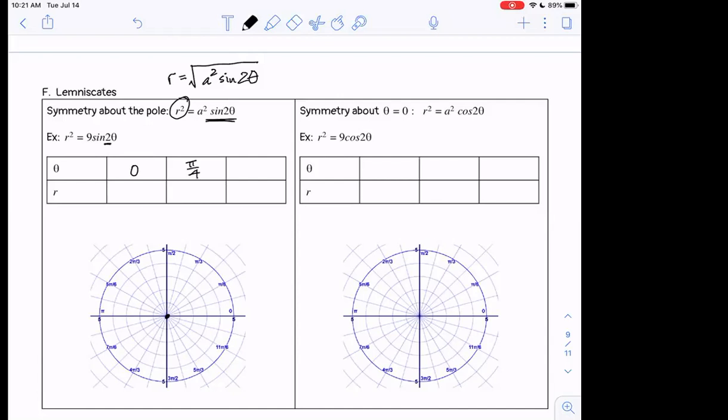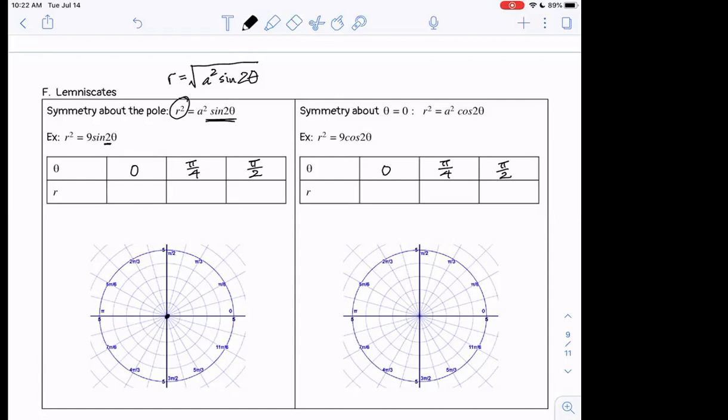So pi over 4 and then pi over 2. Okay, and if I peek ahead to the other side with the cosine of 2 theta, I probably want to use the same input values.